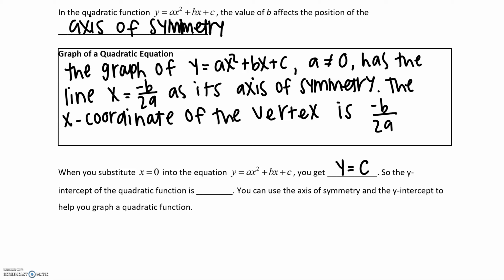Because if we plug in 0 for x, that means that ax squared is just going to be 0 and bx is going to be 0 as well. So that just leaves us with c by itself. So the y-intercept of a quadratic function is just that c. Okay, so we can use the axis of symmetry and the y-intercept to help us graph a quadratic function.